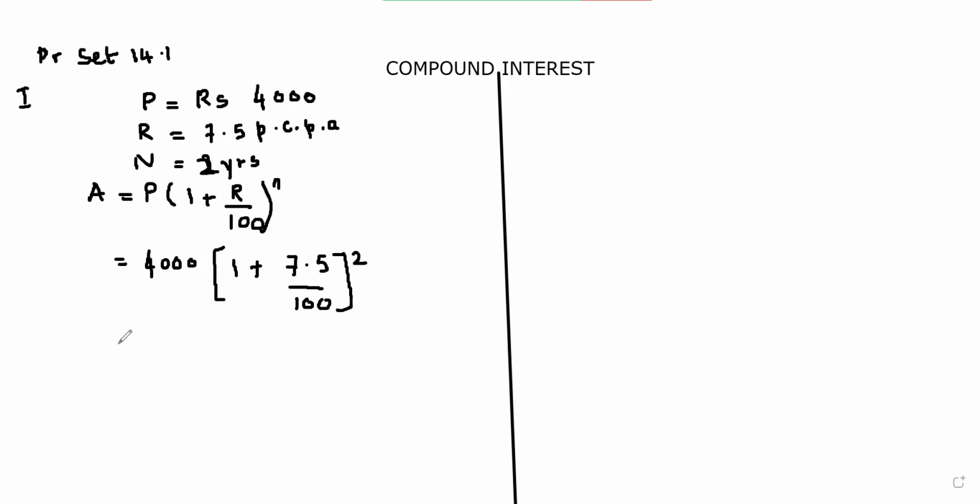Correct. So this is equal to 4,000. Now see how I'm going to calculate this. Open the bracket. I'll write this as 1 plus 75 upon 1,000. I remove the decimal point, raised to 2.